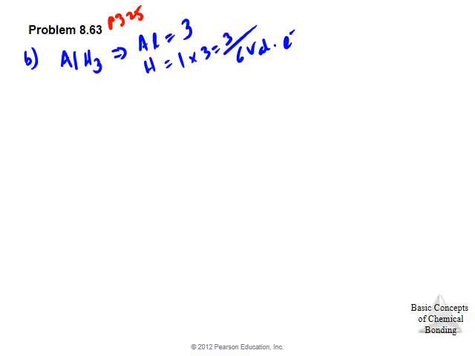Let's write down the central atom. Hydrogen cannot be a central atom, because hydrogen cannot have more than one bond. So Al, H, H, H. Whenever you draw a single bond with hydrogen, it gets the electron configuration of helium, and it cannot have 8 electrons. That is always the case. Now what about the central aluminum?